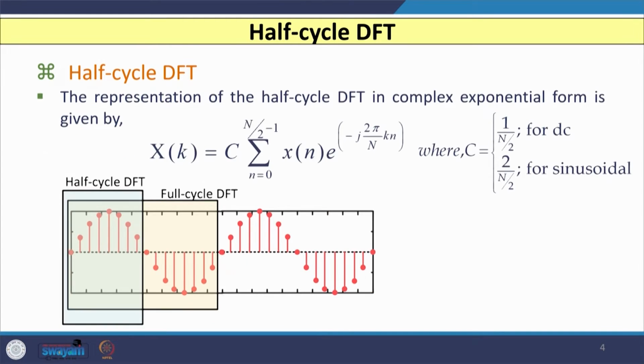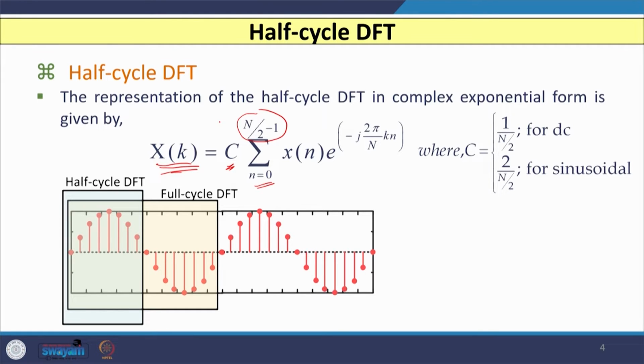Whatever number of samples are available in this window is utilized by the half cycle DFT to estimate the phasor value. Mathematically, the equation of half cycle DFT is almost similar to the full cycle DFT with a minor difference. In exponential form, X of k, where k is the harmonic number, is given by the constant C and sigma x of n into e raised to minus j 2 pi by N into kn. Here the sigma limit is from n equal to 0 to N by 2 minus 1.